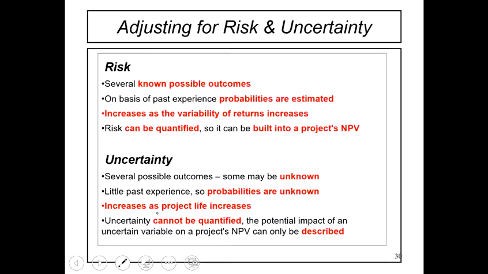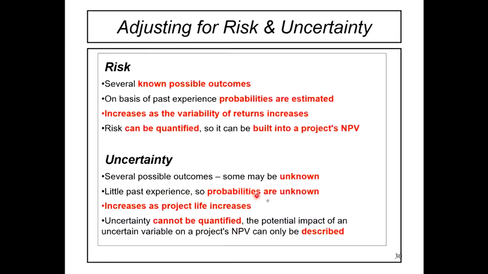Okay, so risk, several known possible outcomes. On basis of past experience, probabilities are estimated. Itulah risk. Kita boleh anggar risk. Okay. Kalau uncertainty ni pula, dia adalah several possible outcomes. Some may be unknown. Kita tak tahu. Itulah uncertainty. So dia based on past experience.